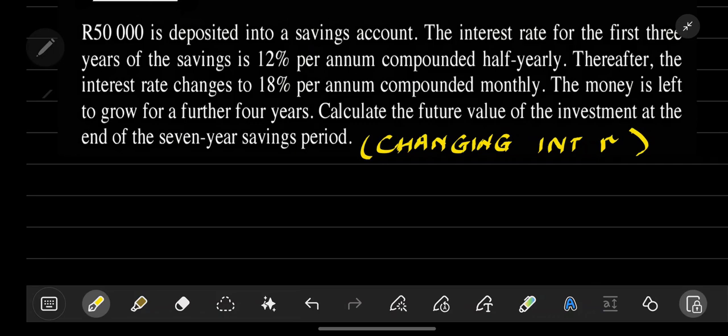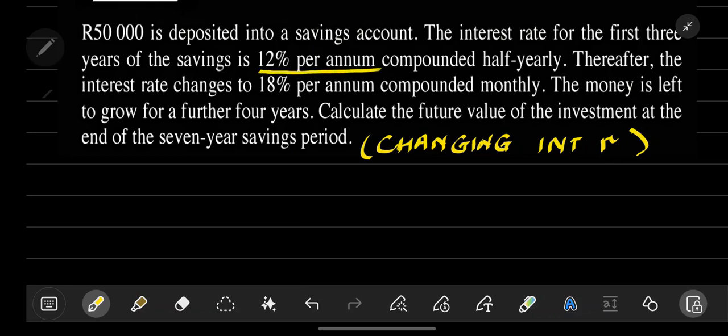Okay, so let's check this scenario that we have here and analyze it. It says that 50,000 rand is deposited into a savings account. Now the interest rate for the first 3 years of the savings is 12% per annum compounded half yearly.